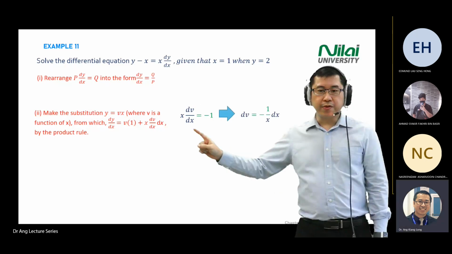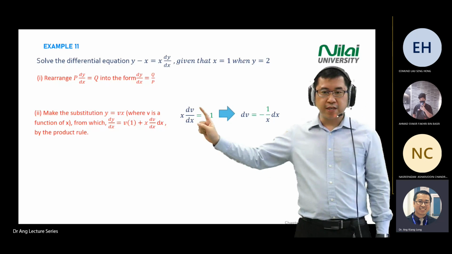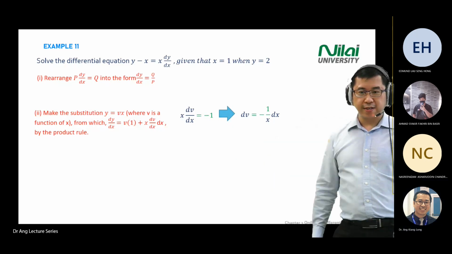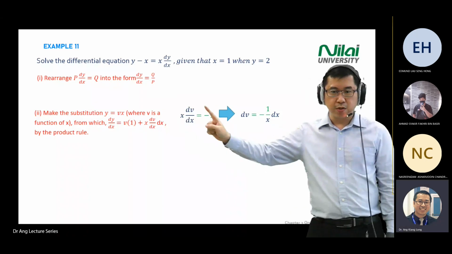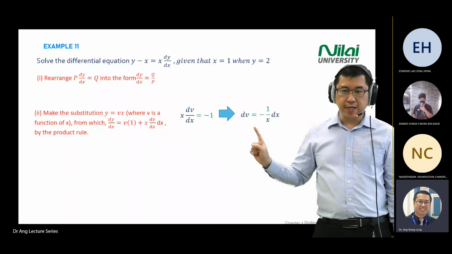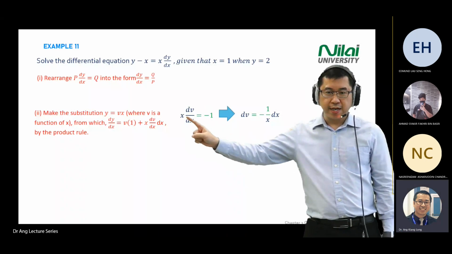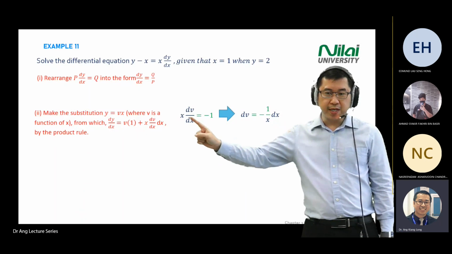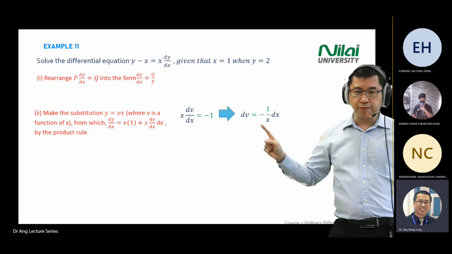You rearrange, put your v on one side, x on the other side. After you get this, you pull v to one side, x to the other. So v stays, and x goes to the right hand side. x multiplied by dv is a multiplication; when you move it, it becomes division.